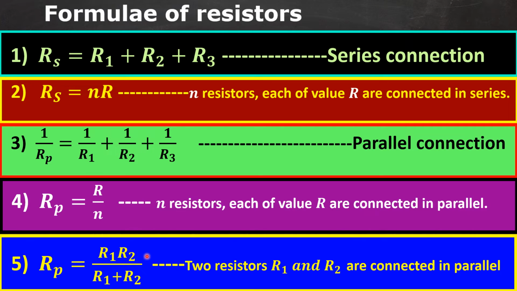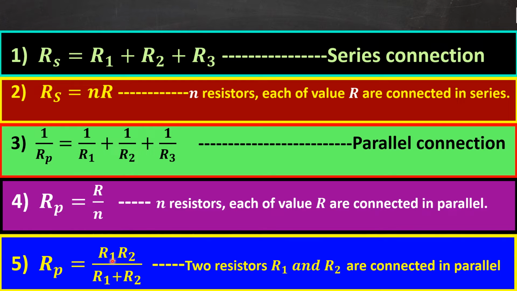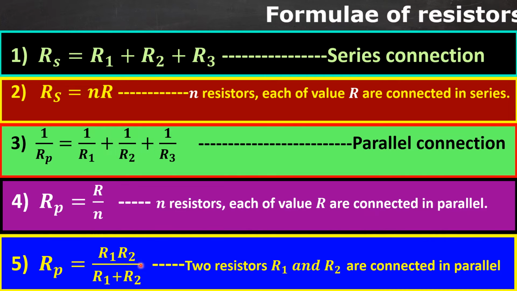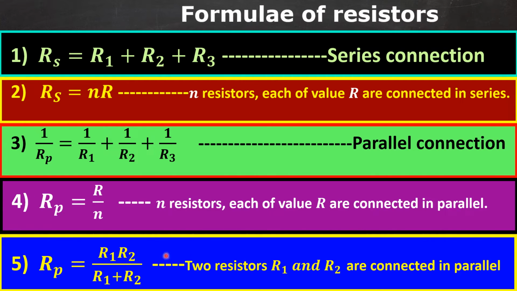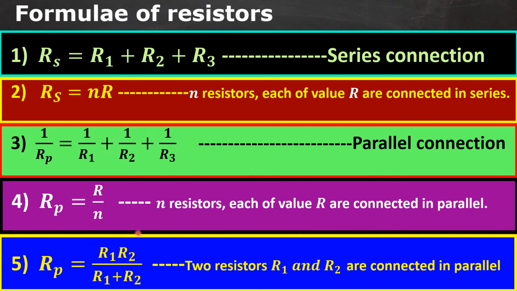That means this formula can be used only when two resistors are connected in parallel. So Rp is equal to product by sum. So these are the formulas for finding the equivalent resistance of resistors.